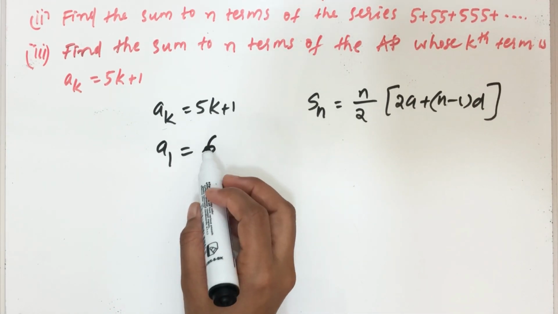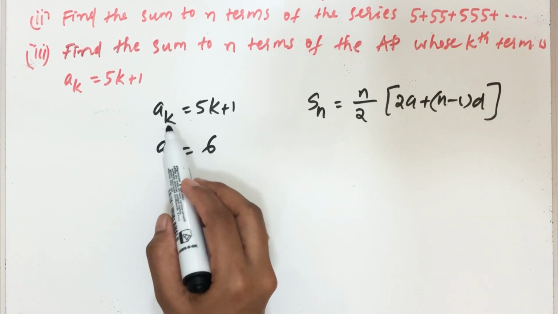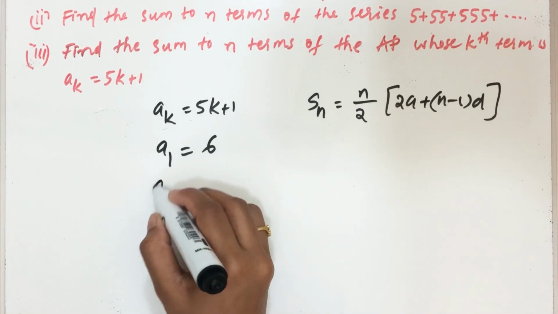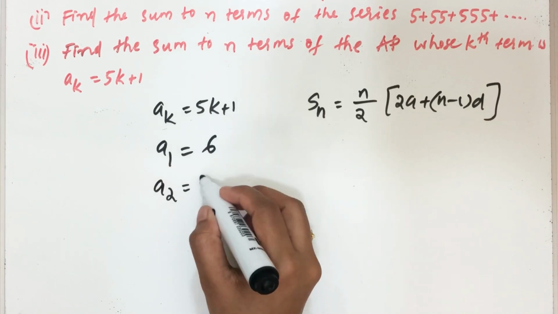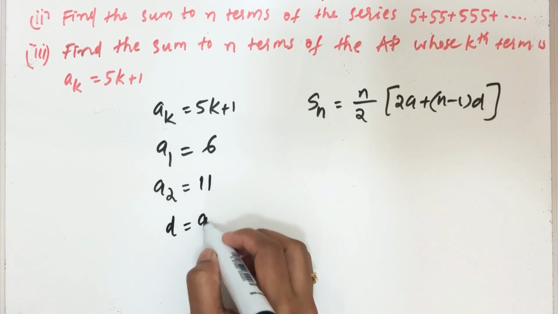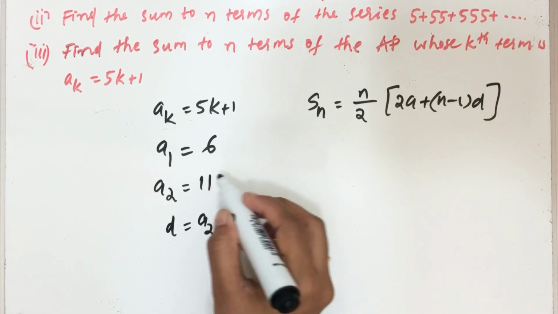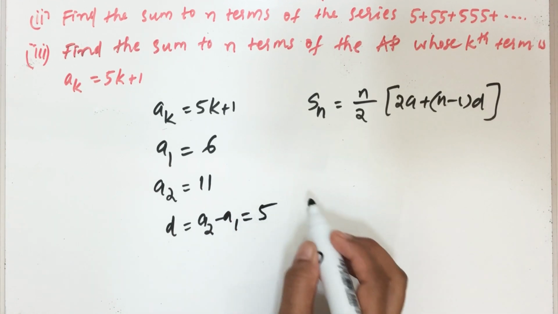And for the common difference, we can find a2, then a2 minus a1 is the common difference. a2 is equal to 5 into 2 plus 1, that is 10 plus 1, 11. Therefore, d is equal to a2 minus a1, 11 minus 6, which is equal to 5.